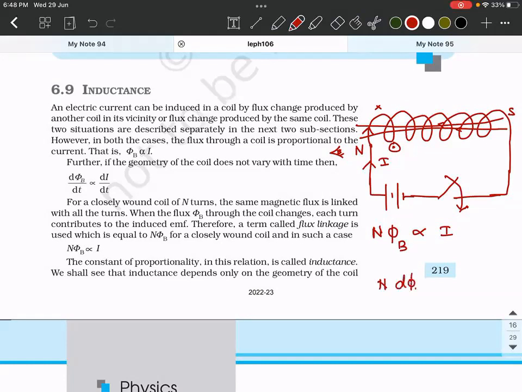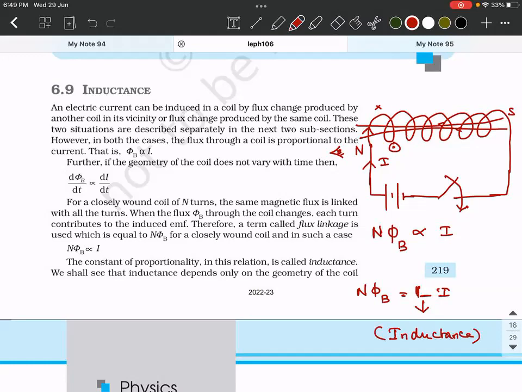N into d phi b divided by dt is, okay. But before that, I need to write another point. Now, can I say N into phi b is equal to some constant times I? So that constant, I'll call it L, and it is L times I, where this L is what is called inductance.